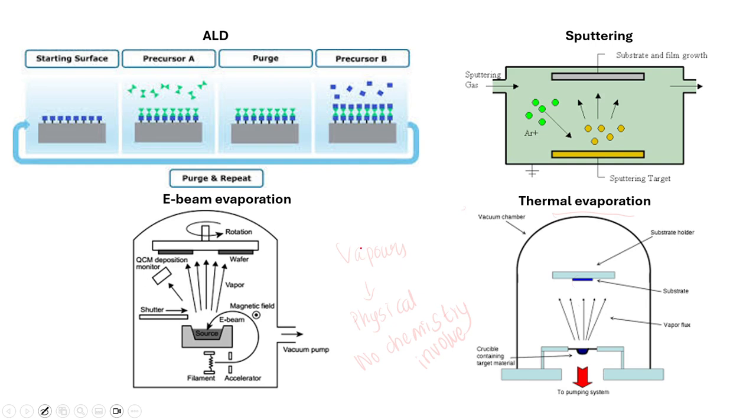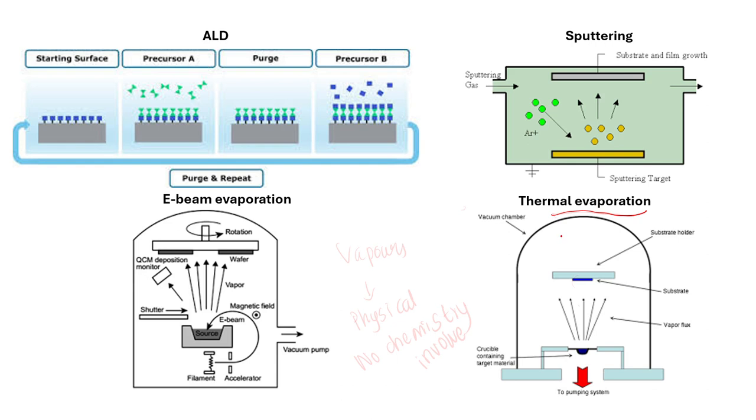Let's say tungsten, which has a very high melting point. If we need to deposit tungsten with evaporation, we'll need a crucible with an even higher melting point than tungsten, so that it will not form any vapors of the crucible or any other unwanted reactions.